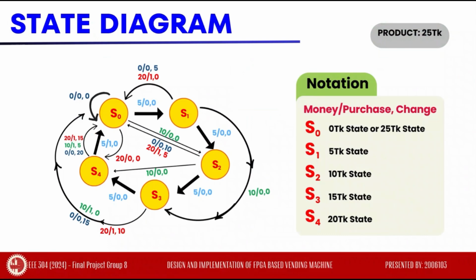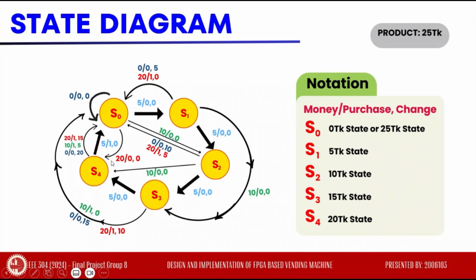Next, I will present the state diagram for a product at 25 taka. The state diagram consists of 5 states. Here, S0 is the initial state representing no money inserted or a product being purchased. S1, S2, S3 and S4 indicate the progression as the user inserts 5, 10, 15 and 20 taka respectively.